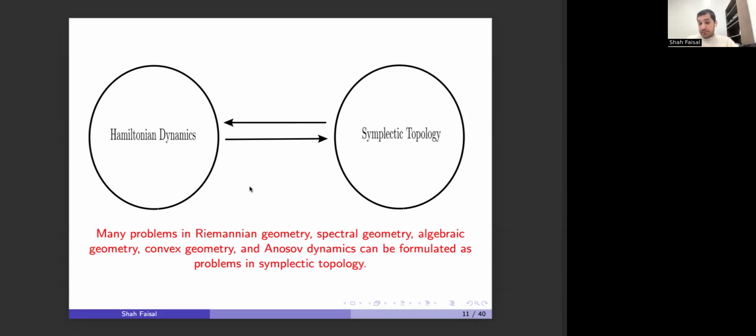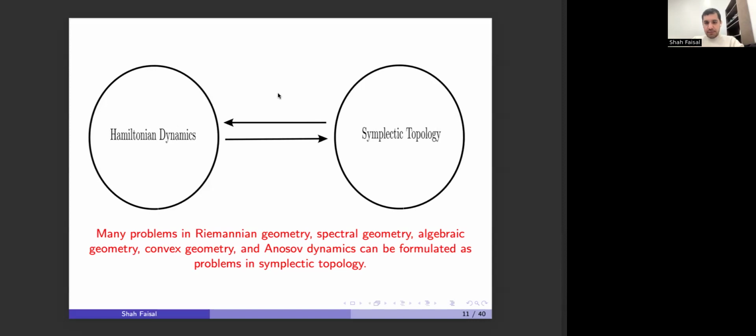For example, in Riemannian geometry, there is the problem of finding minimal submanifolds, and minimal submanifolds in Kähler-Einstein manifolds are monotone. So there are connections happening between symplectic topology and other branches of maths. Okay, so that's enough for motivation.